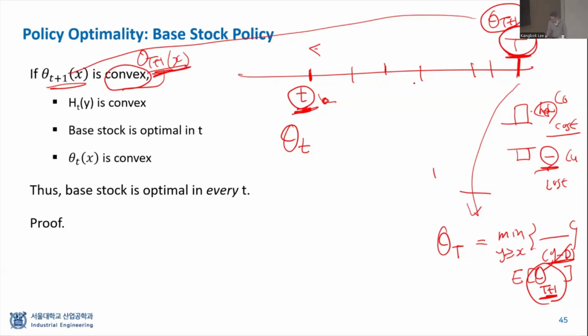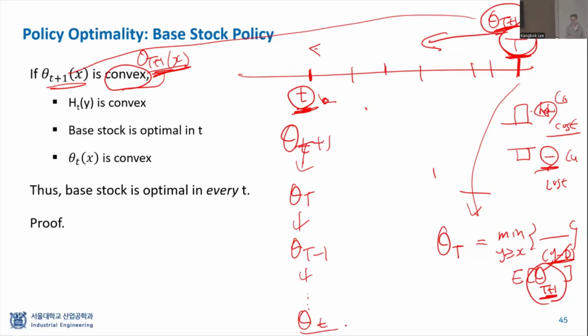What I want to do is have this kind of convexity continue from the backward. So if this is convex, I want to say that theta t is also convex, theta t minus 1 is convex, and then the current time period theta t, I want to make it a convex function. Why is it important? Because we know that the key part of the newsvendor is the convexity of my cost function.